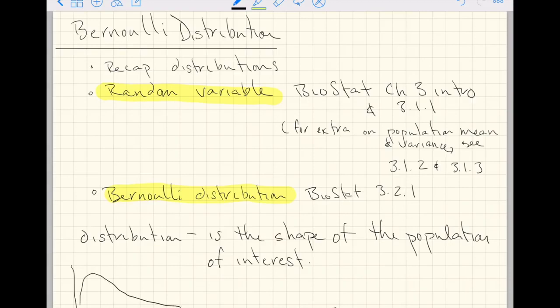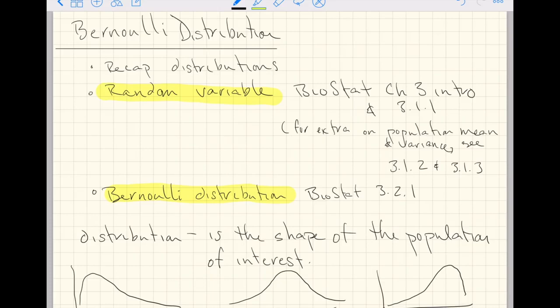Or we could have a population distribution that is symmetric and unimodal, just has one mode, just has one hump in it. Or we could have some population distribution that is left skewed. So any of these are distributions of the population of interest for whatever variable it might be.